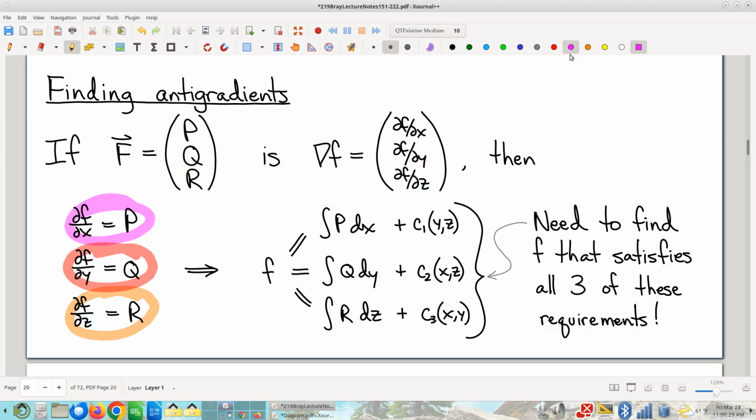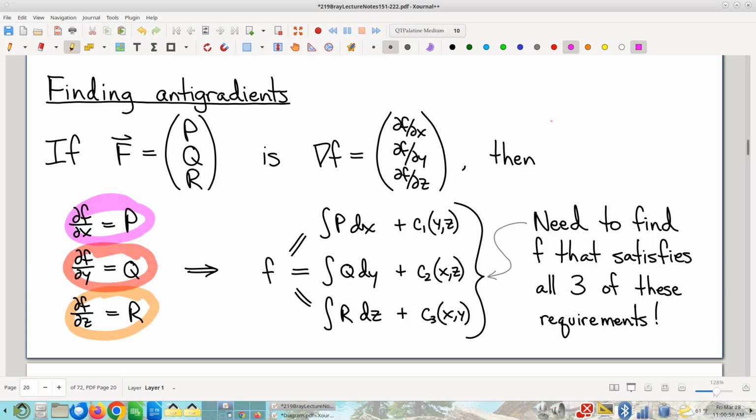Y'all remember, I'm sure, from long ago, if the derivative of g is f, then g is the antiderivative of f. I mean, it's the same statement. If this is a derivative, then that is an antiderivative. So I'm going to do the same thing here.